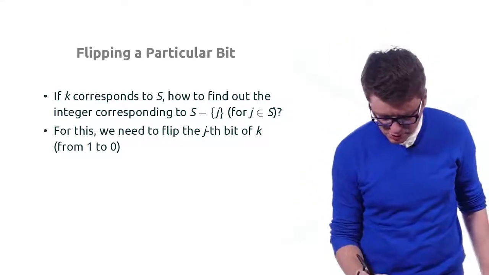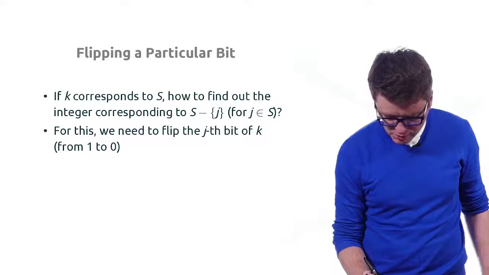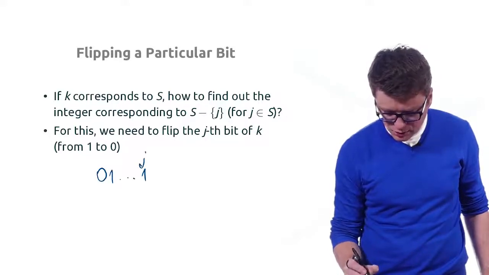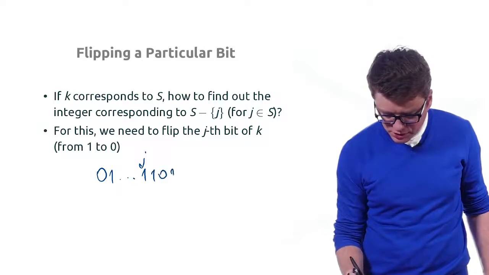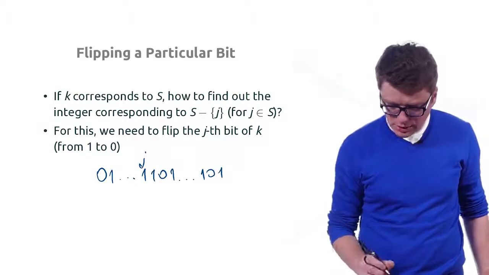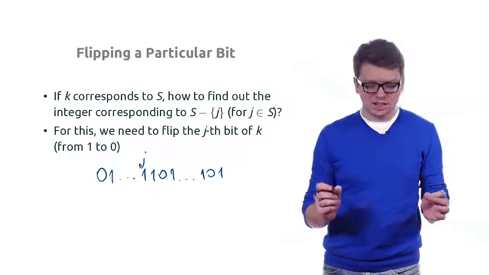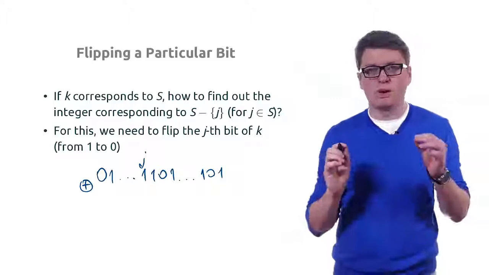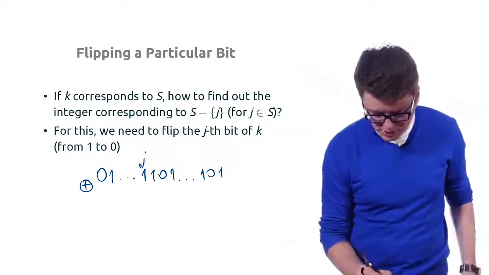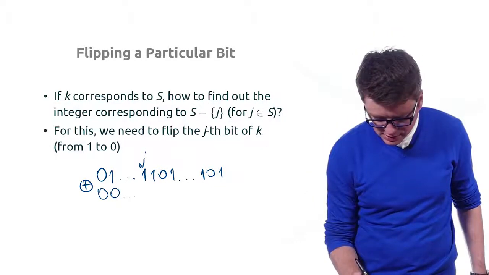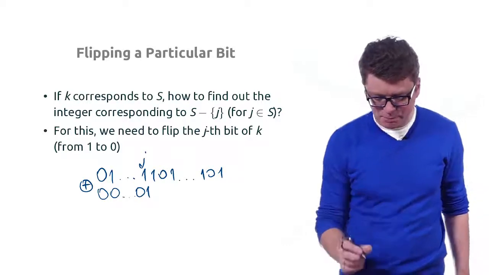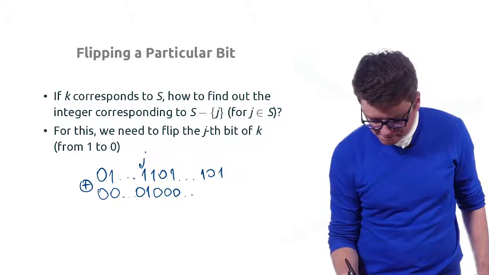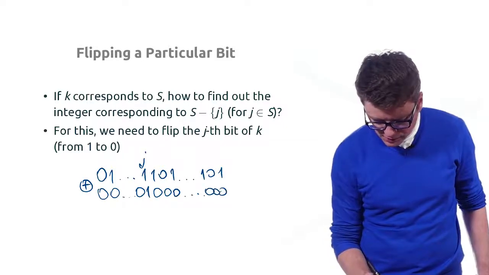If we have a number in binary, something like this, with 1 in the jth position, and we would like to flip it, this is actually the same as computing the bitwise parity, or the bitwise XOR, with the following number. It has 0 everywhere except for the jth position.